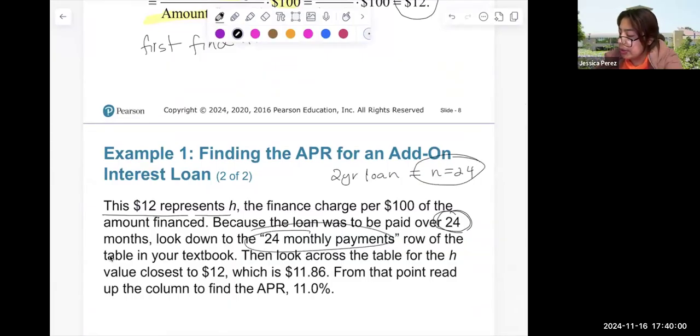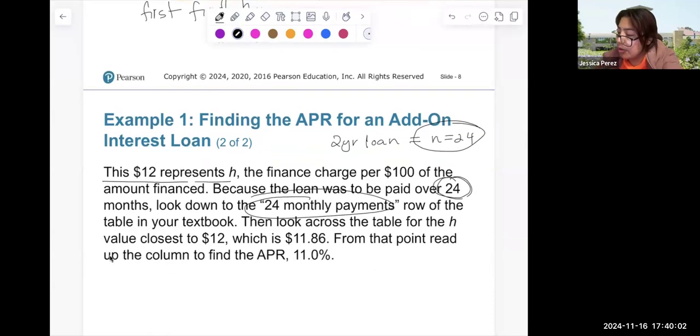Now we look at the APR table in the textbook. The closest value to 12 is 11.86. From that, we find that the APR is 11%.